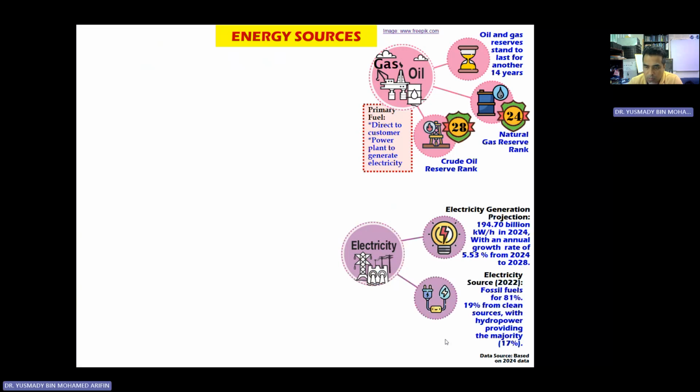In 2022, fossil fuel contributed around 81% of electricity, and the remaining 19% came from clean sources, with hydropower providing the majority, approximately 70%. Electricity is considered a secondary fuel. The cost of delivered electricity is much higher compared to the cost of delivering gas and oil to the customer.